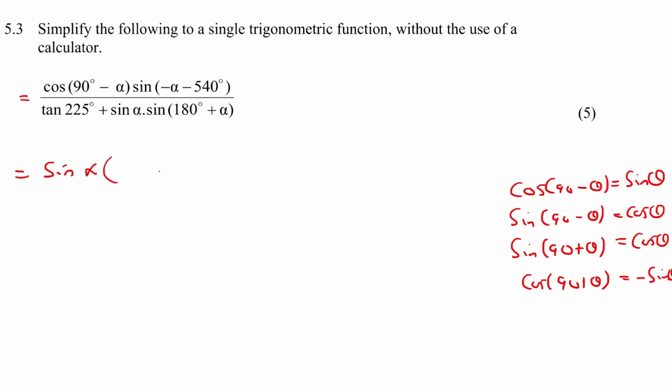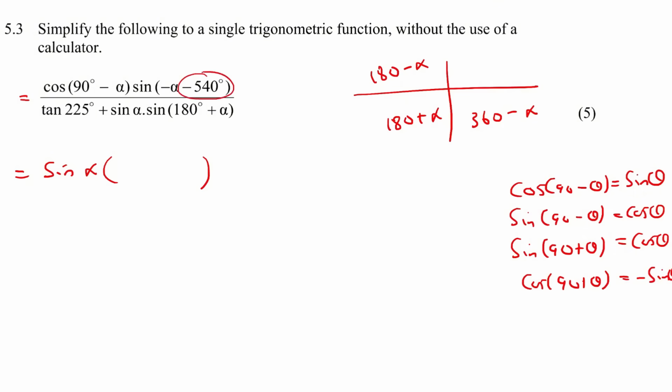Just like that. Then what I've told you guys is whenever you have something that doesn't look like something on the CAST diagram, which is 180 minus, 180 plus, and 360 minus, then you need to either add 360 or minus 360. So this is already very negative, so I'm going to add 360.